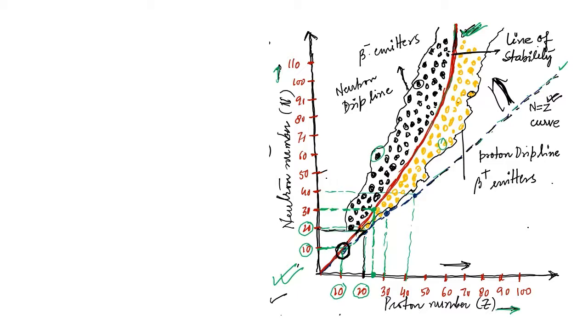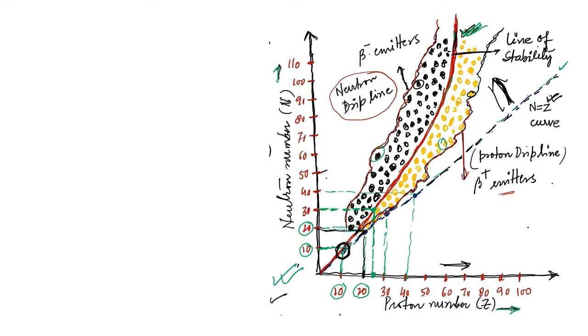One, as I had told you, is my proton drip line, which is a beta emitter line, and the other one is my neutron drip line.